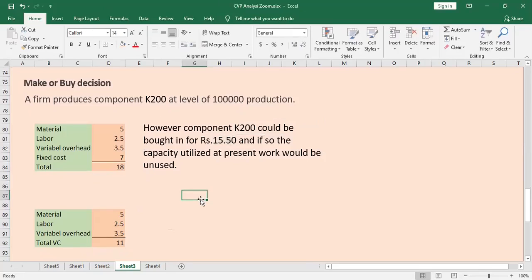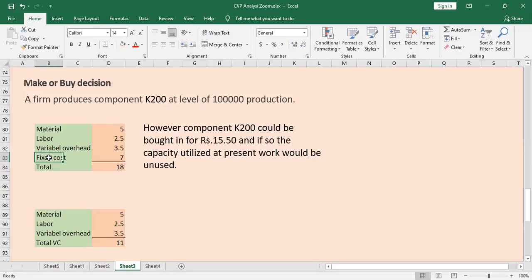This is another example where you should not get fooled by the fact that there is a fixed cost, because fixed cost is always a sunk cost. It is already done. There are instances where we can get rid of that fixed cost also, and if there is such an instance, then fixed cost becomes relevant in that type of decision.